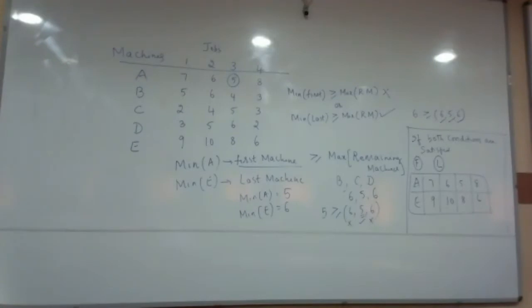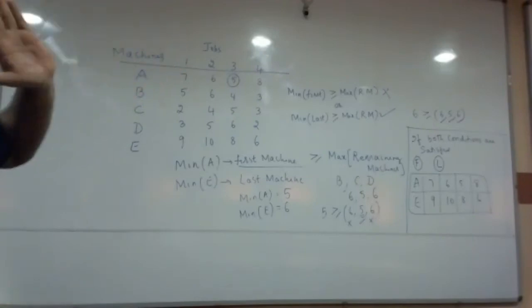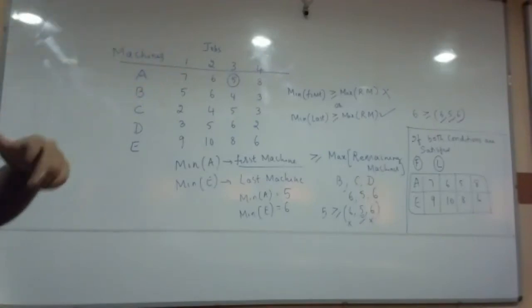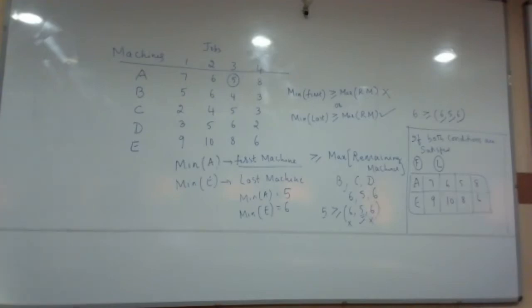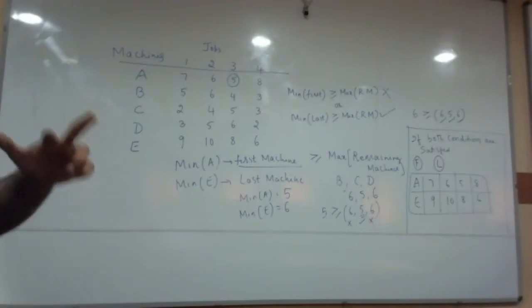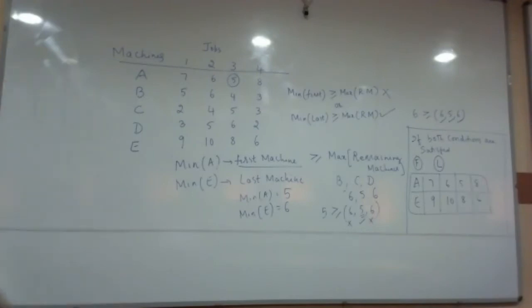What are we supposed to do? At least here one condition is satisfied, so there is some possibility. What if both the conditions are not satisfied? Then what are we supposed to do? Can you please make a guess? What could be the possibility if both the conditions are not satisfied?